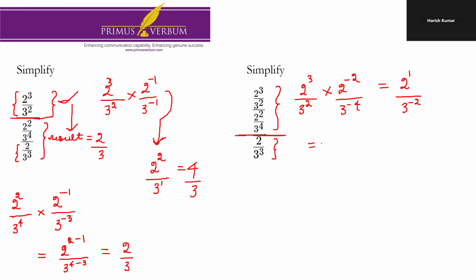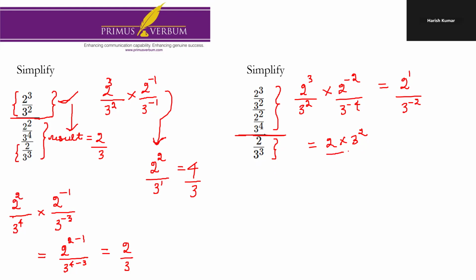So this is going to give me 2 into 3 square. And I'll just hold it as it is, because I have a denominator where I have 2's and 3's as bases. So I'll hold the result as it is.